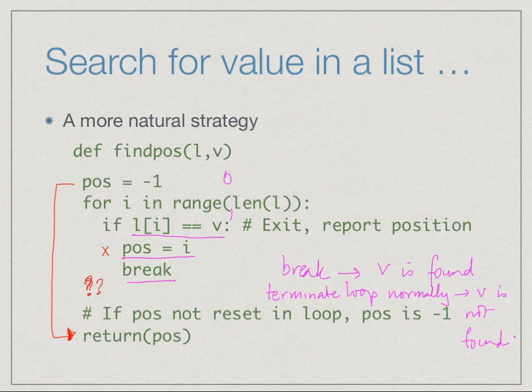Even if v is found at the very last position, we will first break. We will not go back and say that the loop ended. So if we see v at any position from beginning to end, we will execute the break statement. If not, we will not. So the question is, can we detect whether we broke out of this loop or whether we terminated separately?